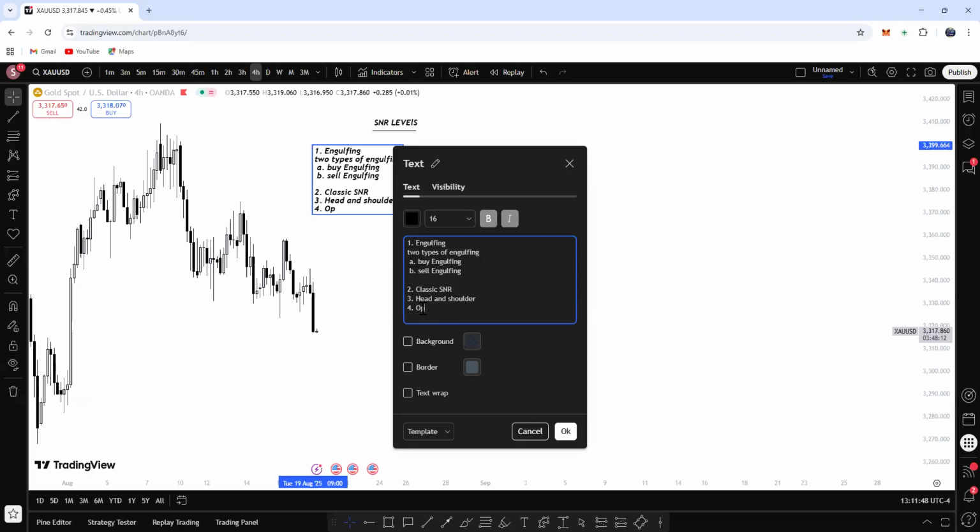Number four, we have open and close. And number five, we have a breakout of SNR.